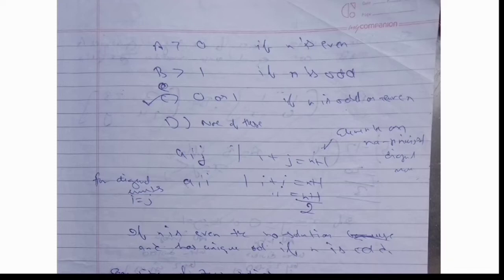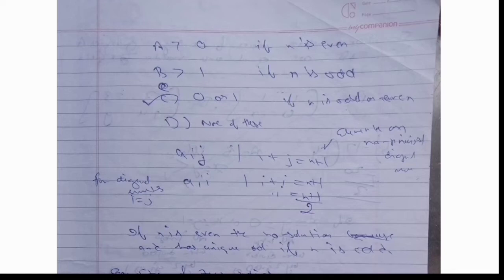We have 4 options. Option A is saying 0. Option B is saying 1. Option C is saying 0 or 1. D, none of these. Aij such that i plus j is equal to n plus 1, because we have the condition for non-principal diagonal elements that the sum of i plus j will be n plus 1. But also for diagonal elements, we have i is equal to j.